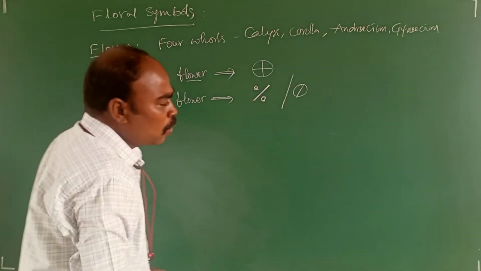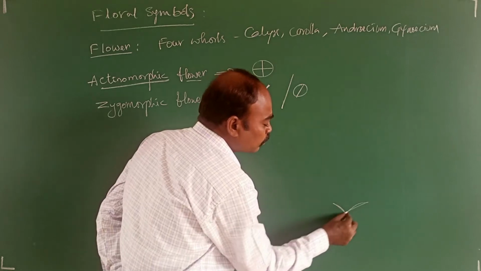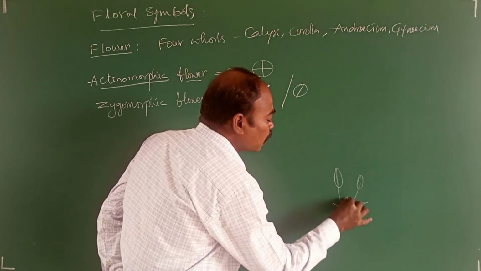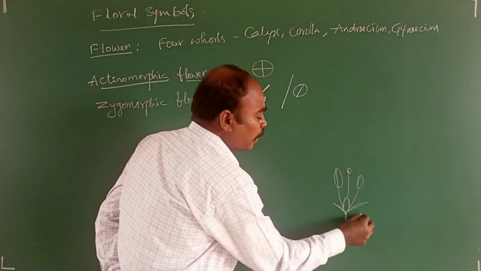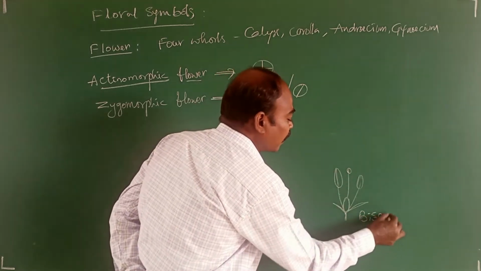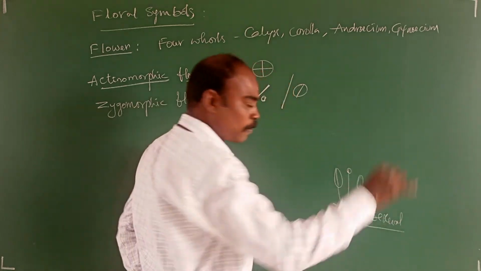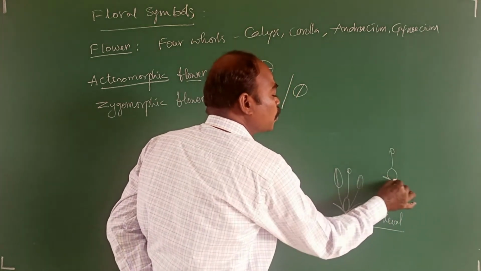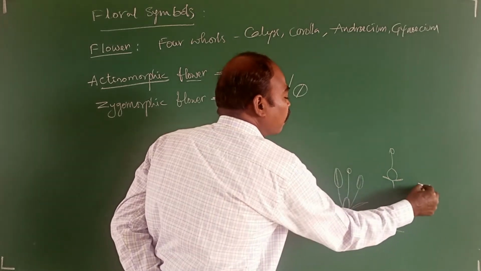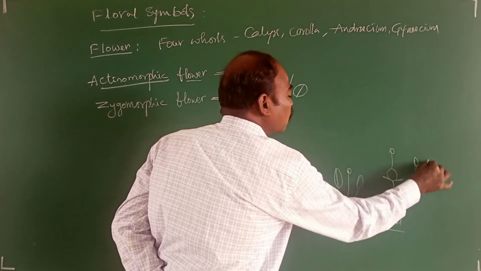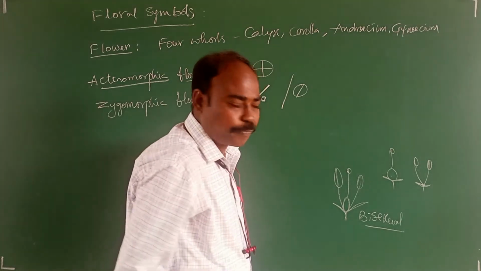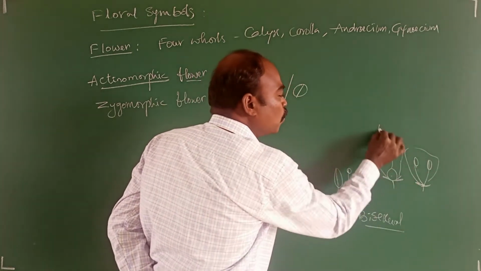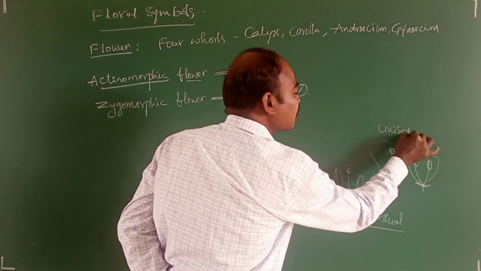Then, a flower that has both androecium and gynoecium is said to be a bisexual flower. Suppose a flower has only gynoecium, or only androecium without gynoecium. These flowers are called what? Unisexual flowers.